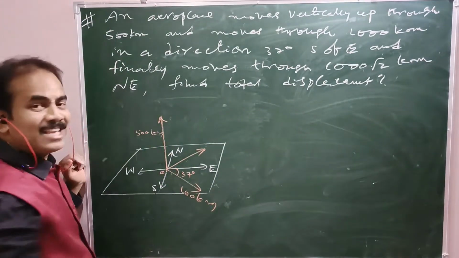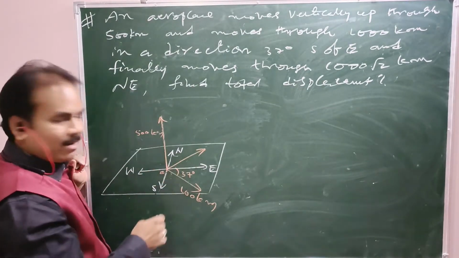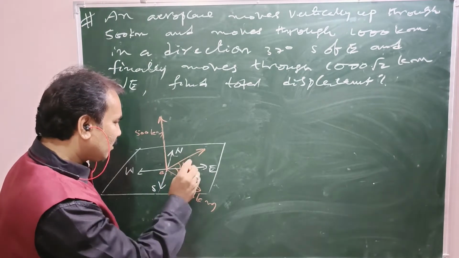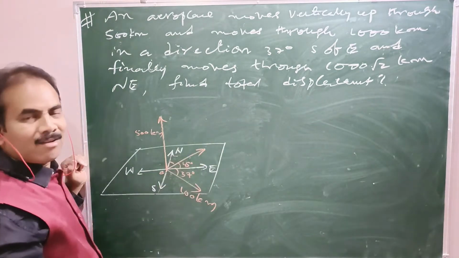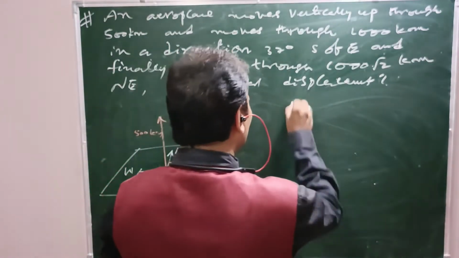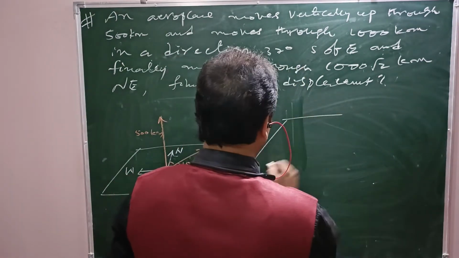Northeast in the sense should bisect this plane. Bisects means here 45 degrees, here also 45 degrees. Once again, this is the given plane.